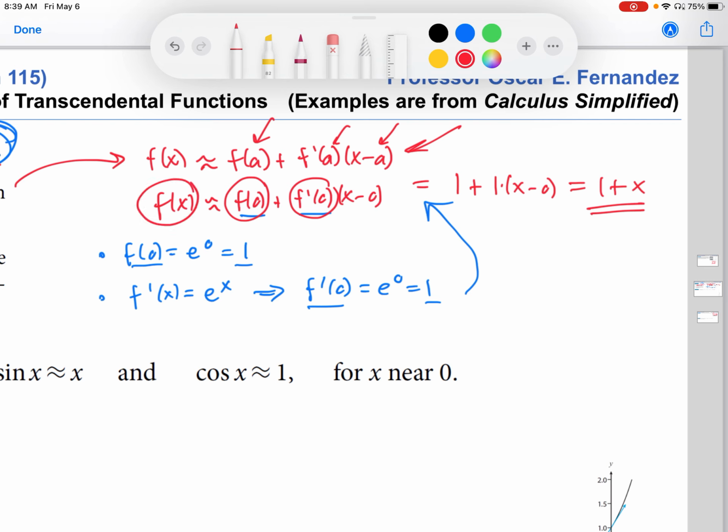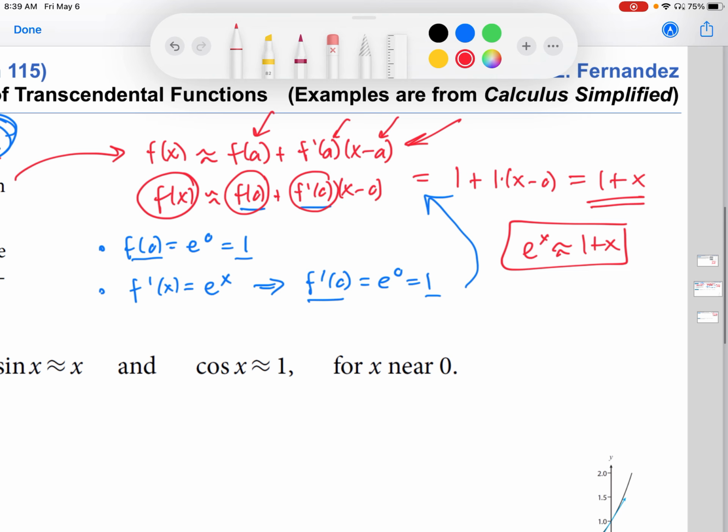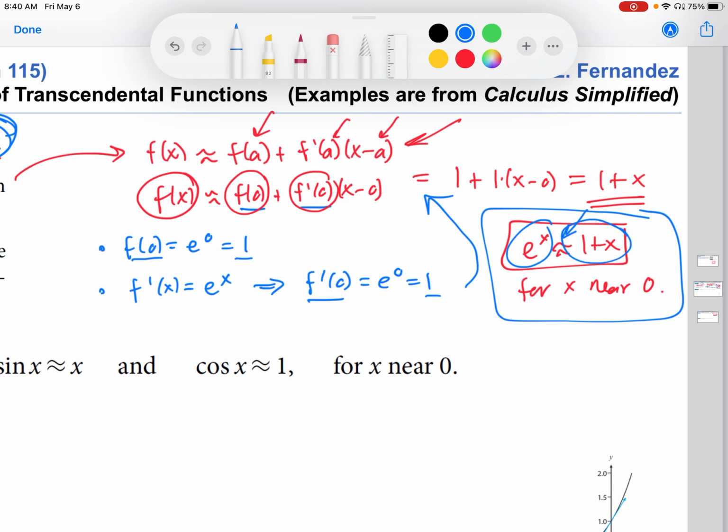Now, if I go back and put back in what f of x is, e to the x, this is my linear approximation. What we're saying in this whole box is that the function e to the x looks very much like the function 1 plus x when x is near 0.